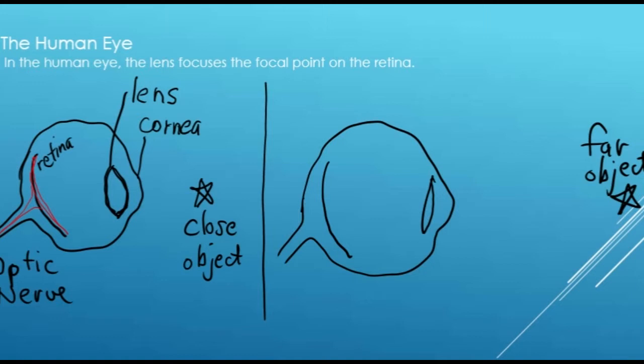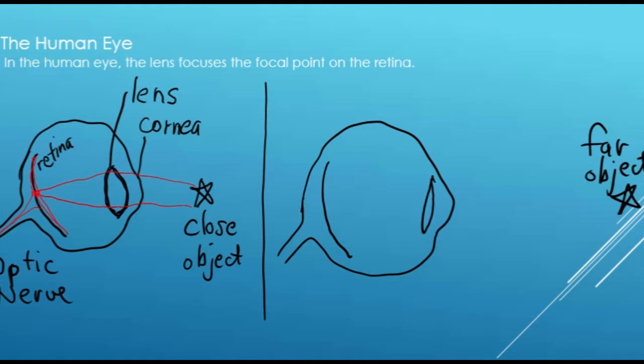Our lenses can actually change shape to enable you to focus on an object that is near or far. If you have a close-up object, your lens becomes more convex, which means it becomes kind of fatter in the middle. And as light comes through from a close object, it will be refracted and converge, and the focal point will be right there on the retina.